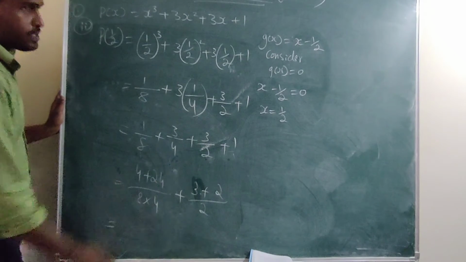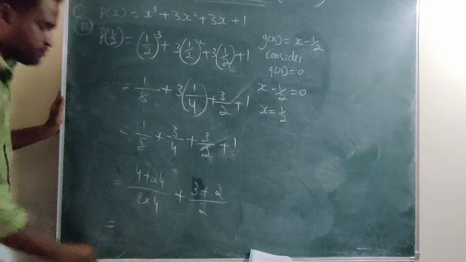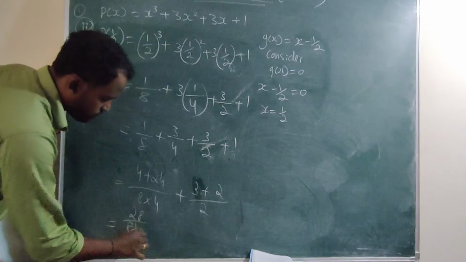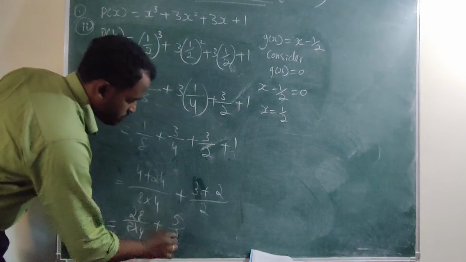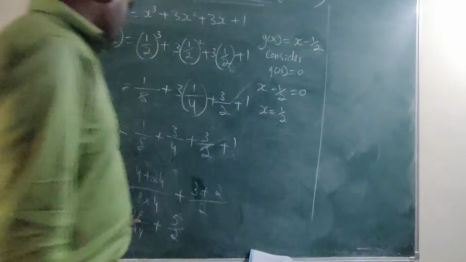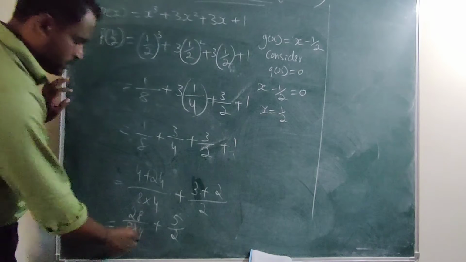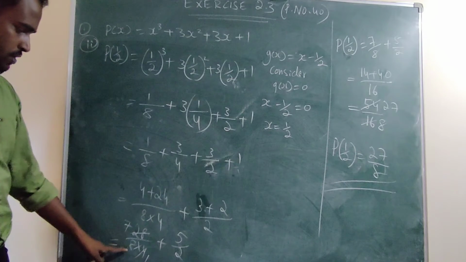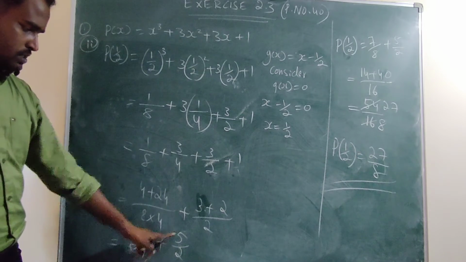Next, 24 plus 4 is 28 divided by 8 into 4 plus 3 plus 2 means 5 by 2. Next, see here, 28 by 4, we can simplify. Okay, fine, students. Next, 28 divided by 8 into 4 plus 5 by 2.